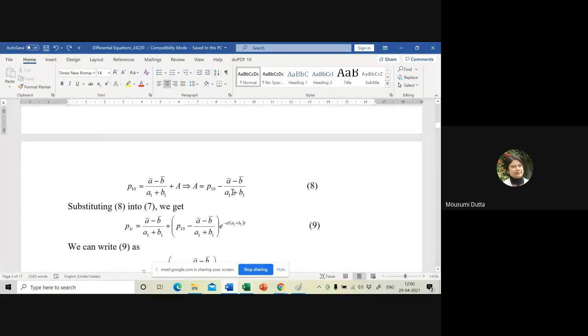So once we get equation number 9, in the next step, we will try to understand whether the equilibrium is stable or not.